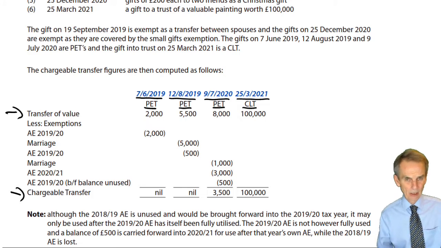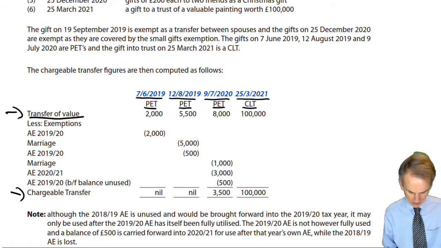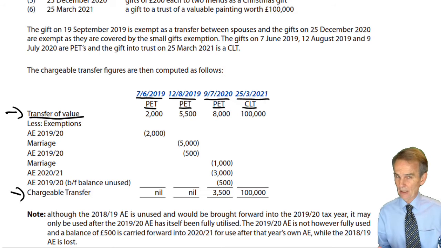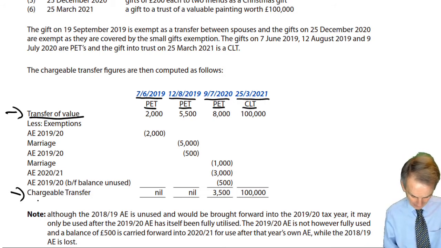So we'll have the date and we'll have the label. And then we work from the transfer of value, taking away the deductions, which unless any other exemption applies will be the marriage exemption and annual exemptions. And that will bring us down to the chargeable transfer figure.